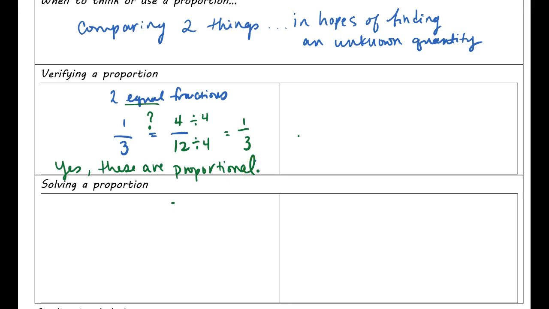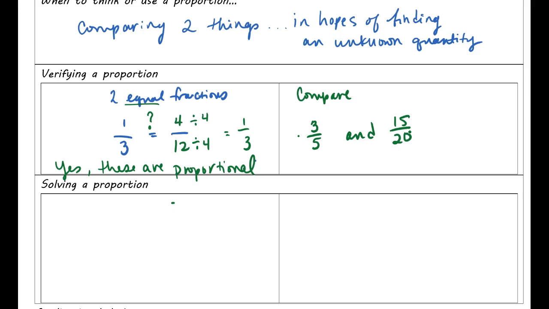So let's do another one, and I'll let you see if you think that they are proportional or not. Okay, so I want you to compare, how about something like 3/5 and 15/20. Okay, so if you had to compare these two fractions to find out are they the same thing, what would you do?